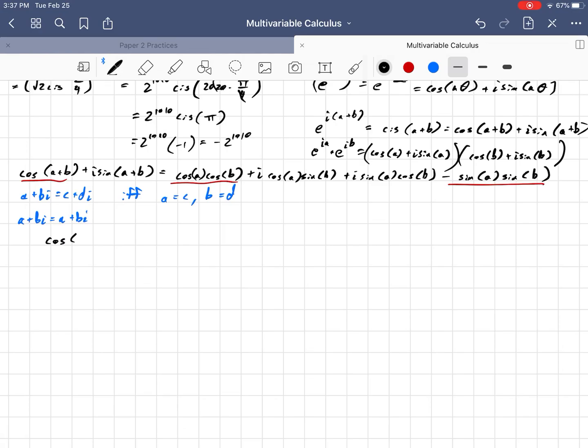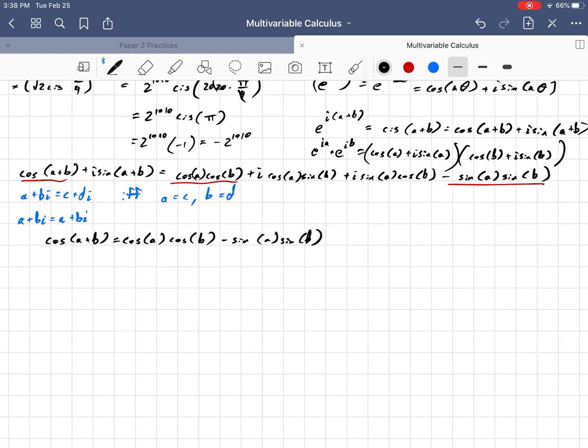So this tells me that cosine of a plus b is cosine A cosine b minus sine A sine b, just by looking at the real parts of this equation and using the definition of the equivalence of complex numbers.